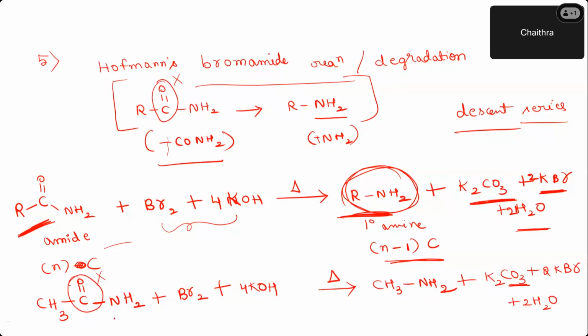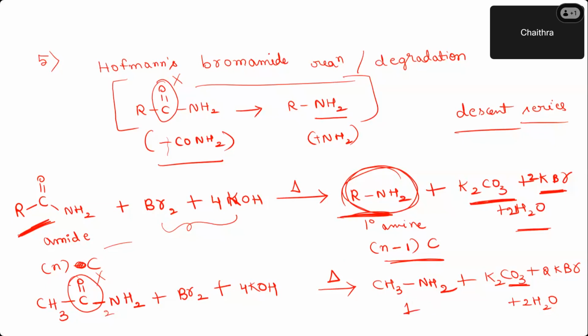So how many carbon atoms did you start with in the beginning? 2 carbon atoms. How many carbon atoms did you get on the product side? 1 carbon atom. So what is the nature of the reaction here? It's an example of descent of series.